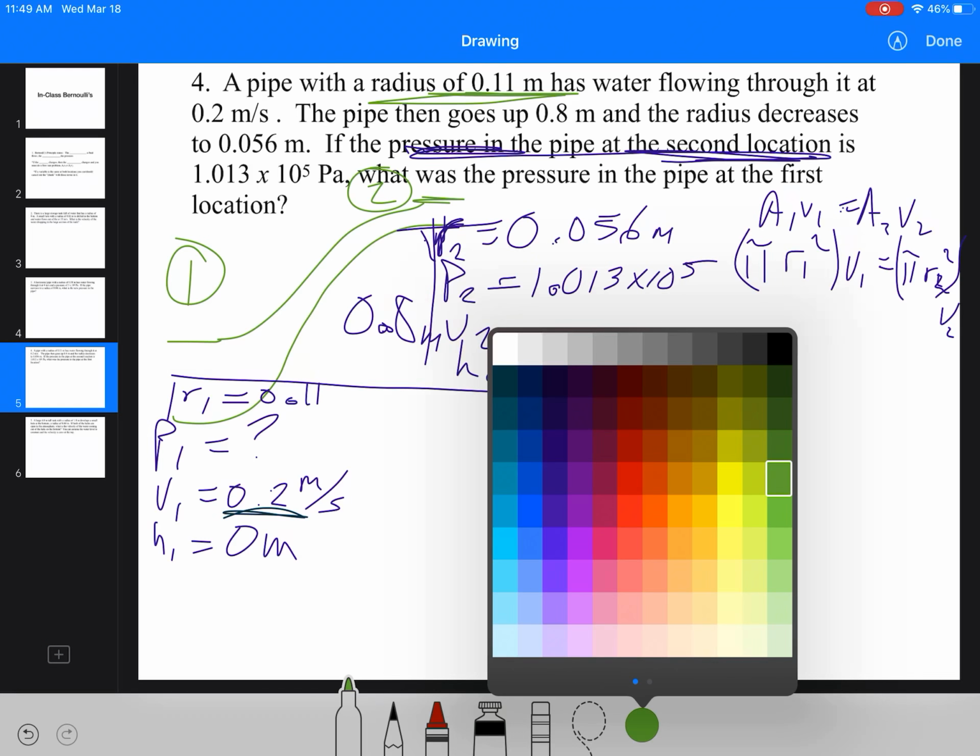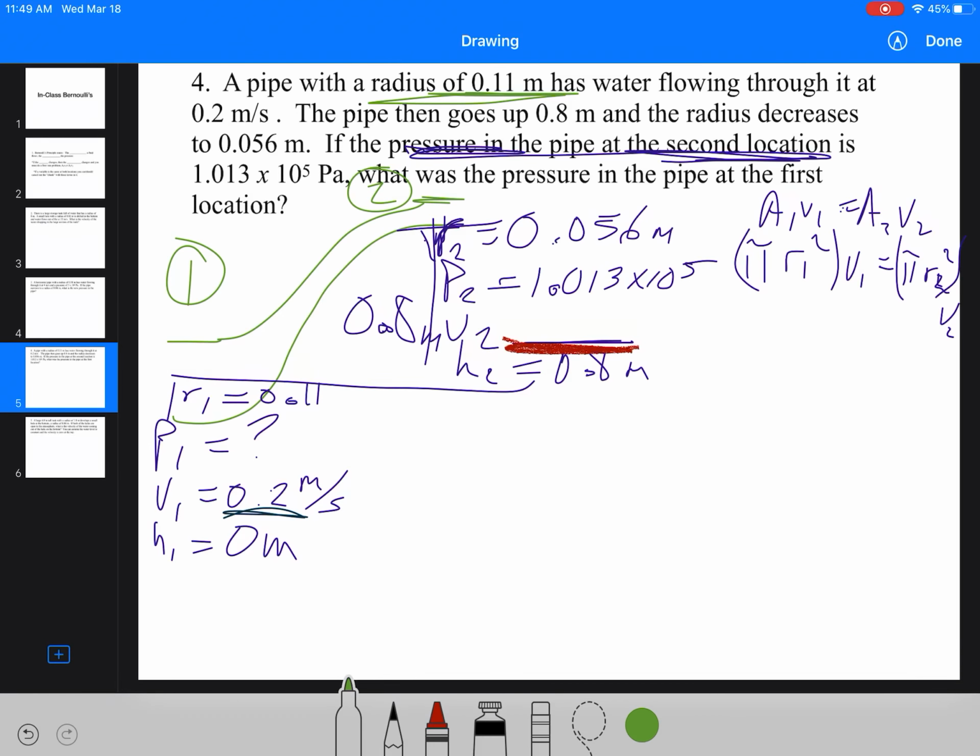Okay, so when we go through and we set up Bernoulli's, now this would be a number. Again, I can do the calculation really quick. So if we take my radius, and I'm just going to do this again off screen, so pi times 0.11 squared times our velocity at location 1 is 0.2.